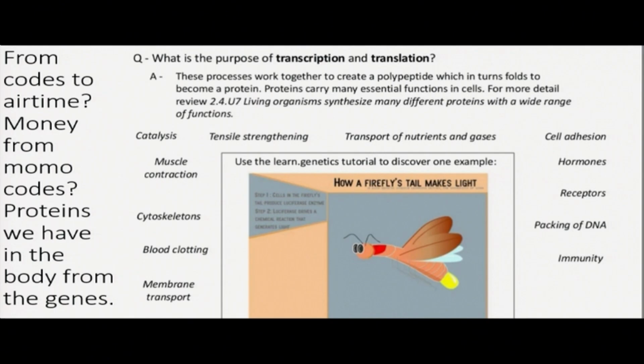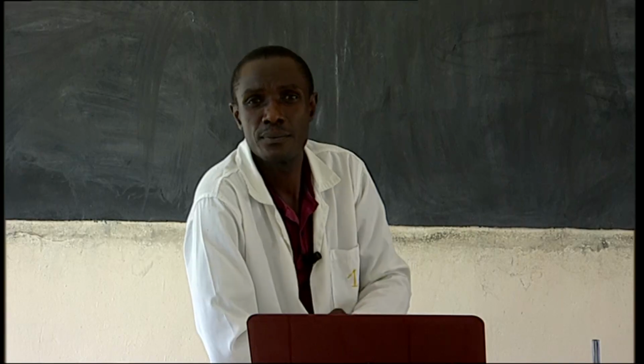Could it be that natural design has put in place all the information to cater for any changes that are yet to come, even in 100 years from now, amongst us as a species? Muscle contraction, cytoskeletons, blood clotting, membrane transport, all those are activities.